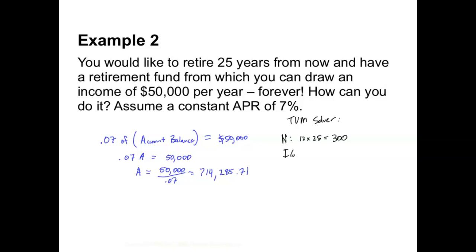My interest rate is 7%. My present value, I haven't made any deposits yet, so that's 0. My payment, this is the thing I want to solve for. I'm trying to figure out what my monthly payments are going to be.